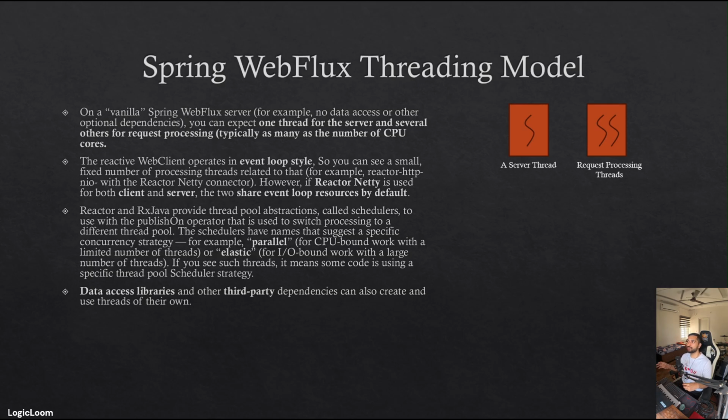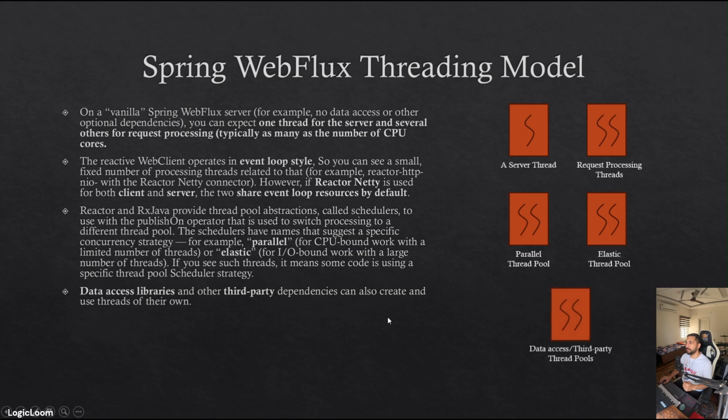So these two thread groups or thread pools are related to receiving the request as well as making requests to any further APIs that we may have. Other than that, we have thread pools provided by the framework itself, which are parallel thread pools, meant for CPU bound work, and elastic thread pools, which are for IO bound work.